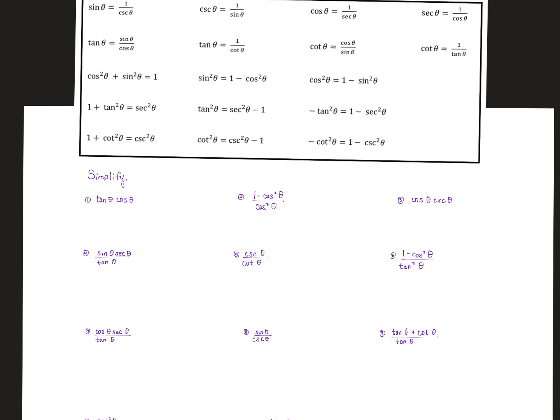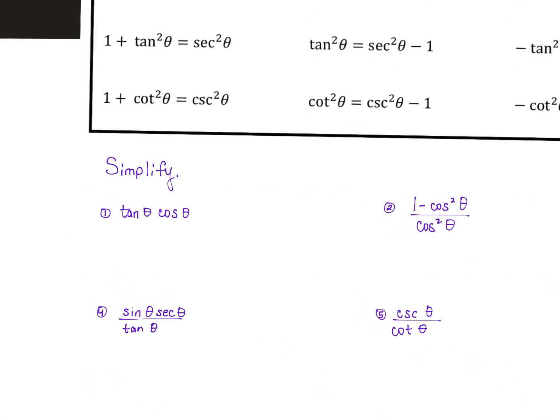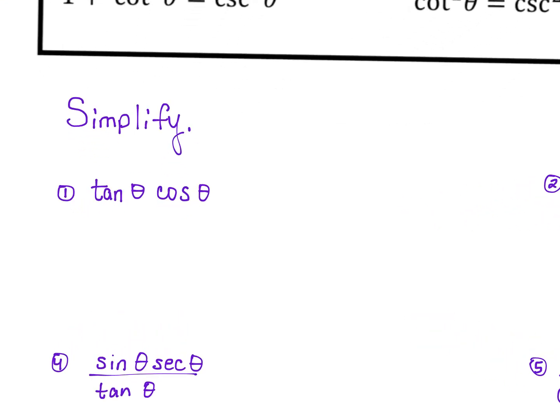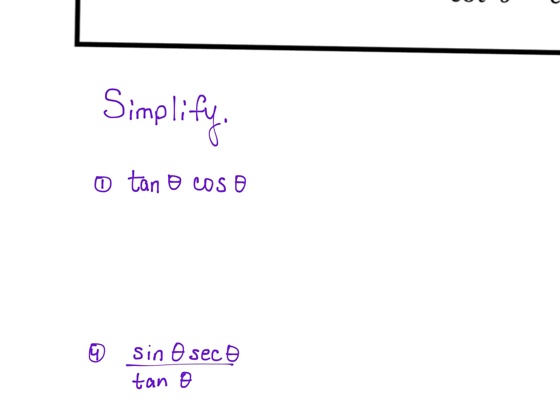But for this simplifying, remember simplifying, we're just making smaller. So if I look at number 1, I have nothing attached to a trig function that's squared with a plus or minus, right? We don't have any fractions or anything like that. So let's just go ahead and simplify. How do we simplify? Well, what are the 2 most basic trig functions we have? Sine and cosine. So let's change tangent. I'm going to change tangent to sine over cosine, correct?